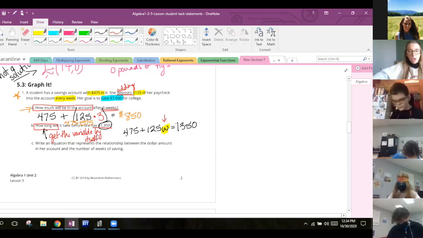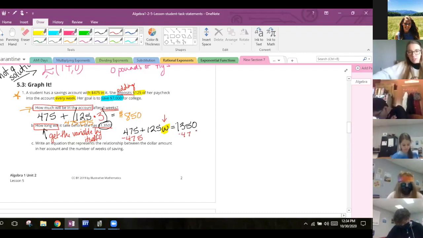If we want to know what W is, we have to solve for W. Okay, so I start with my term that is farthest away. How am I going to get rid of that 475? Minus 475. I'm going to subtract 475. If I do that to one side, I've got to do it to the other side.